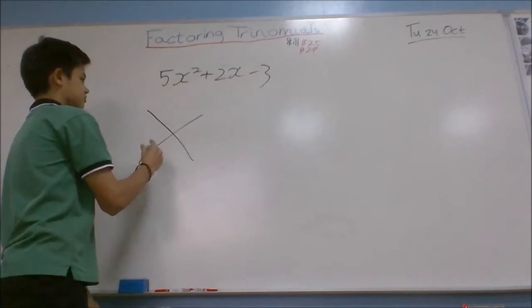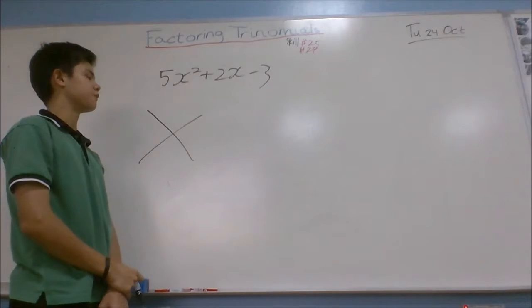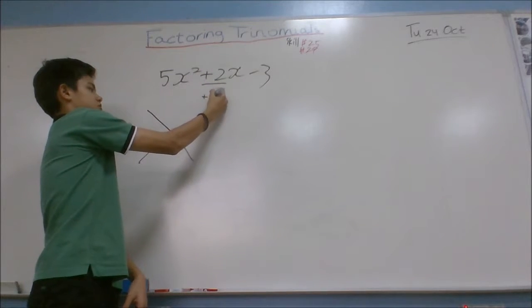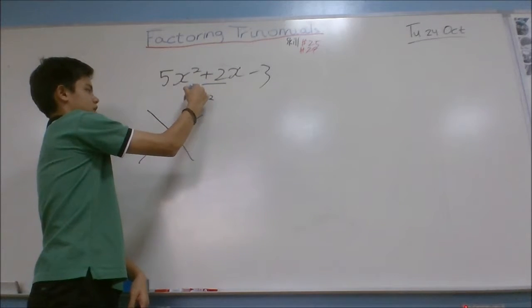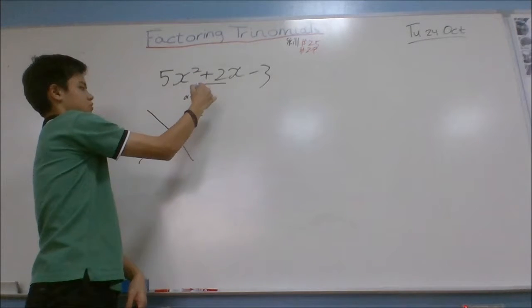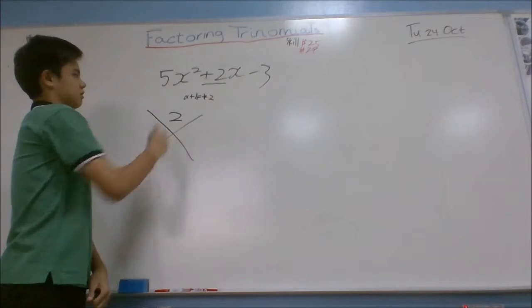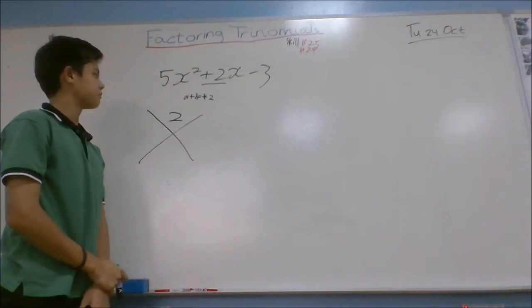First we draw a big X on the board. Now we have to find something that adds to positive 2, so a plus b must equal 2. So we put the 2 here. Now, what's different about this?